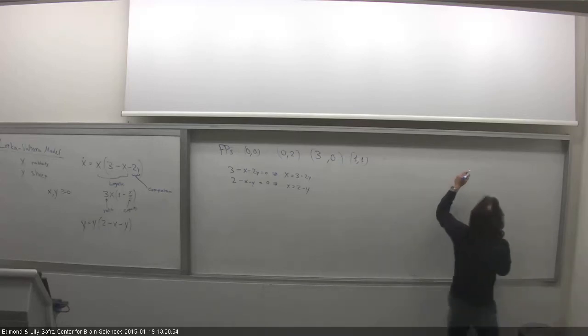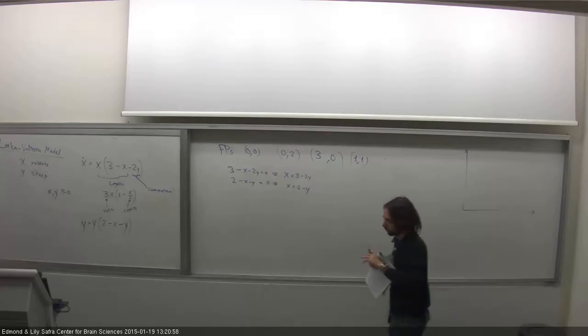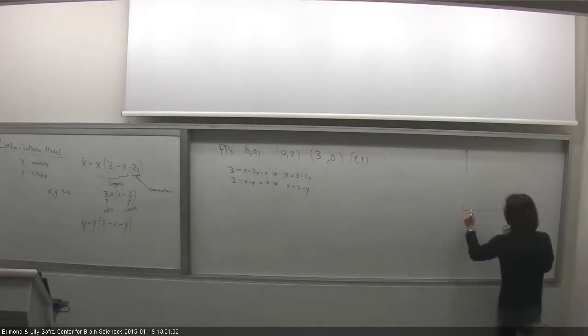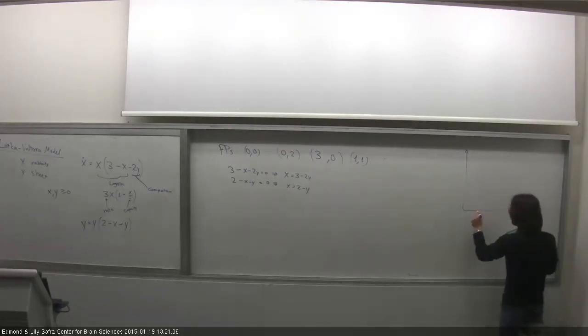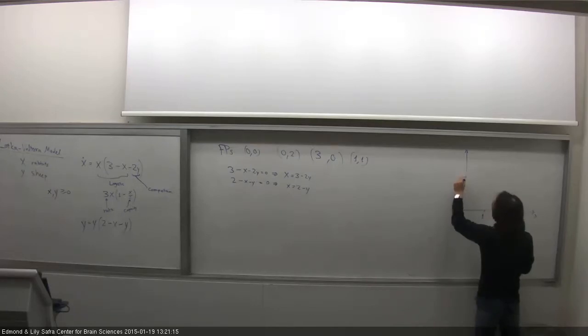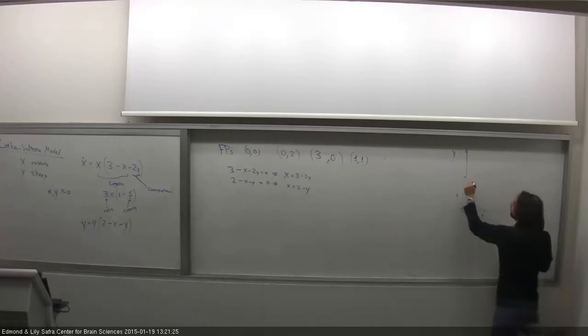Okay, so let's plot this. I have the fixed points 0, 0, 3, 0, 0, 2, and 1, 1.